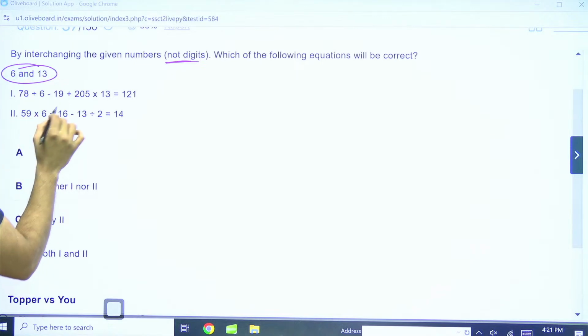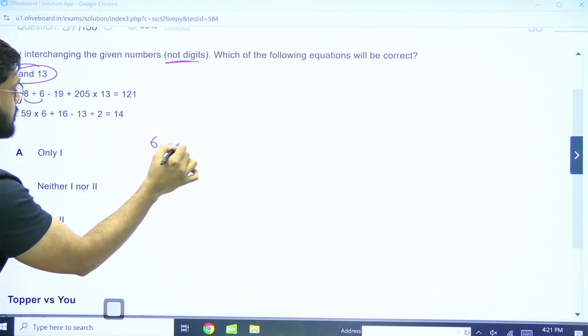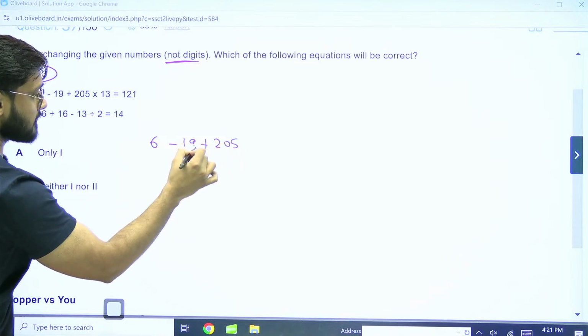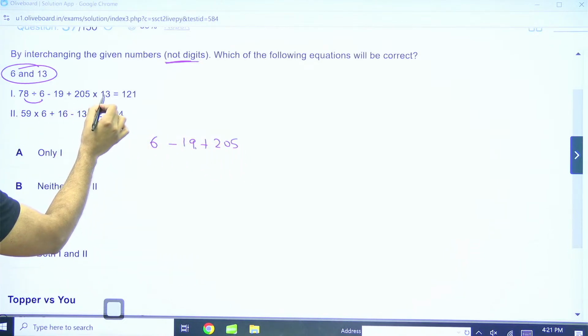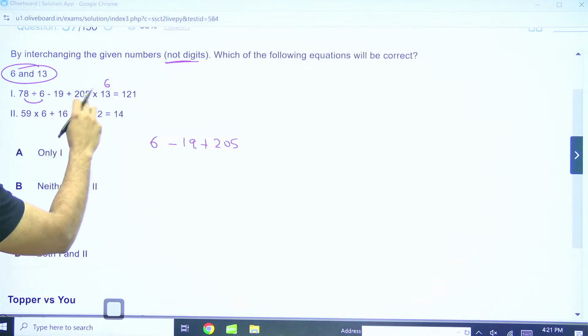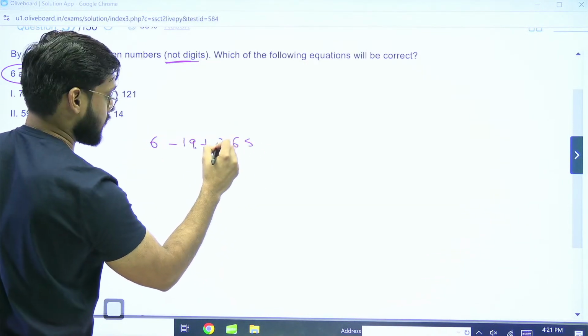If I am interchanging 6 and 13, it will become 13, and 13 will divide 78. It will become 6 minus 19 plus 205 into 6. 13 5s are 65, and 13 2s are 26.